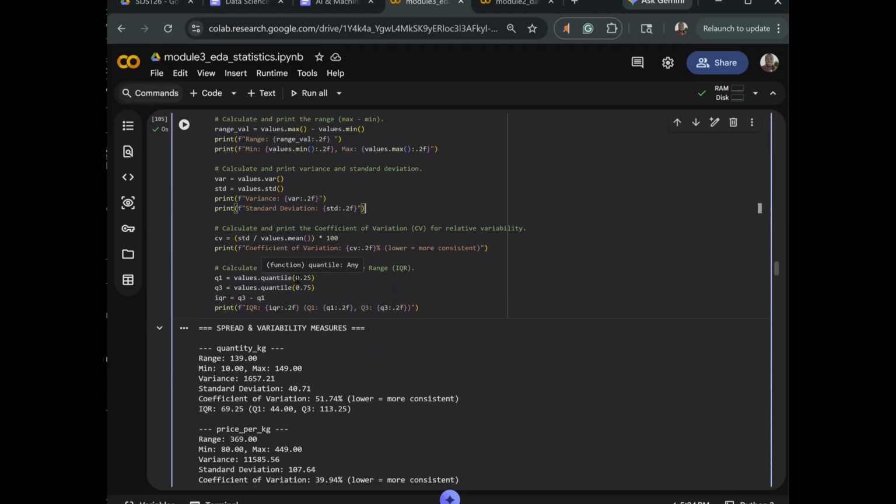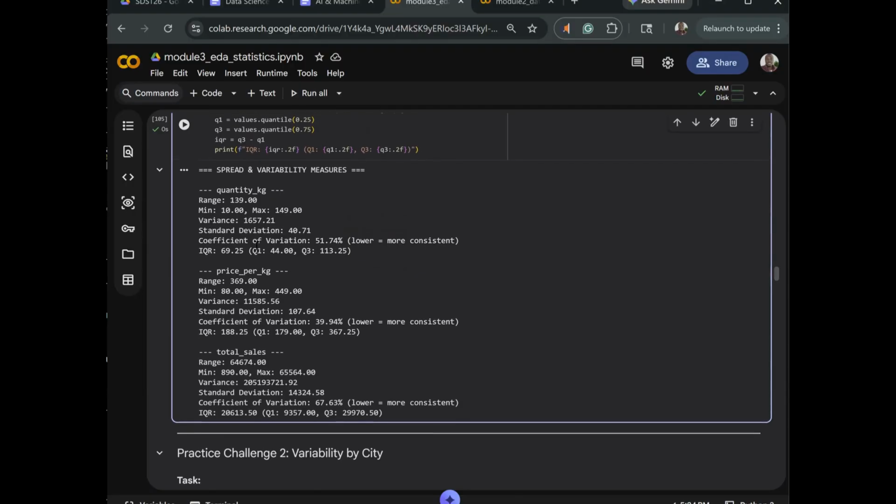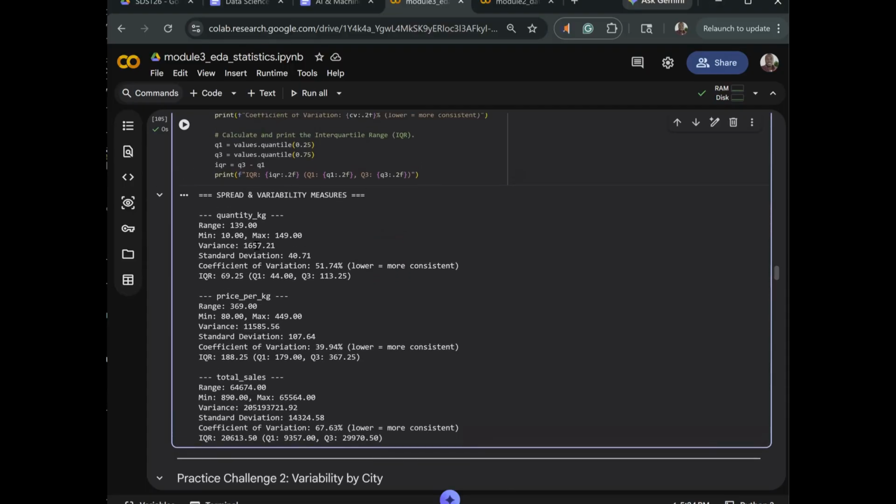For Q1 we start from 25% and Q3 from 75%. So Q3 minus Q1 is the interquartile range. When we run it, for the quantity column, we have range, mean, variance, standard deviation, and this. The interquartile range starts from Q1, which is 44 kg, and Q3, which is 113 kg.